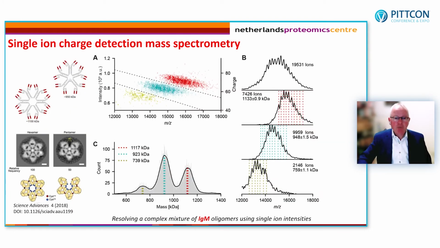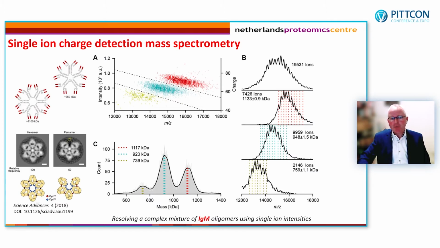Now, just one example. This is a mass spectrum that, if we do the conventional native mass spectrum, didn't give us a clear answer. It turned out we wanted to measure IgM, and this is what people say is often a pentamer, sometimes a hexamer. But it actually turned out that the preparation that we had was a mixture of tetramers, pentamers, and hexamers. In the conventional mass spectrum, we could not separate them.